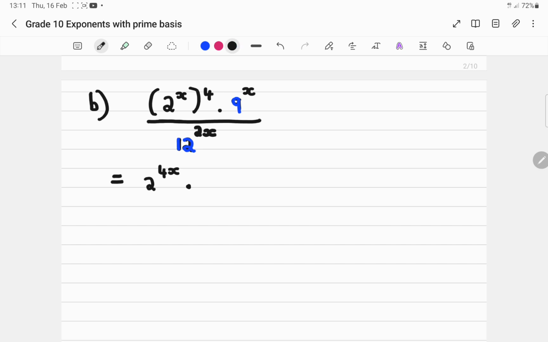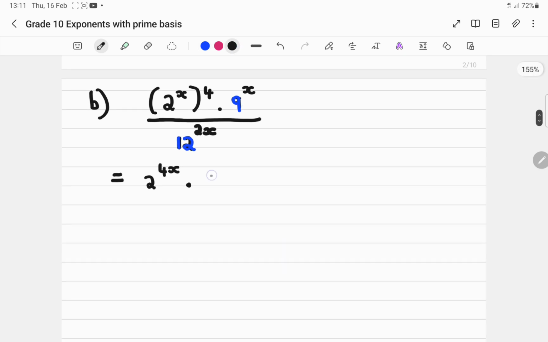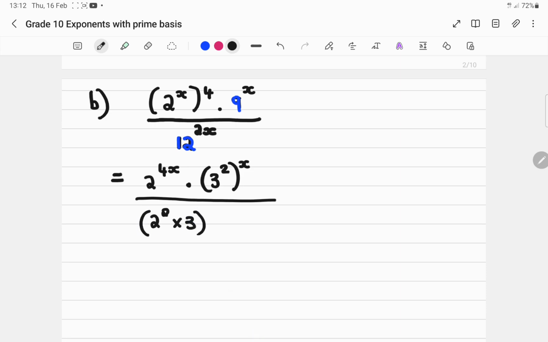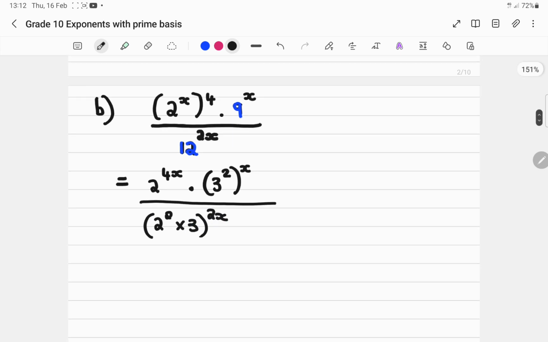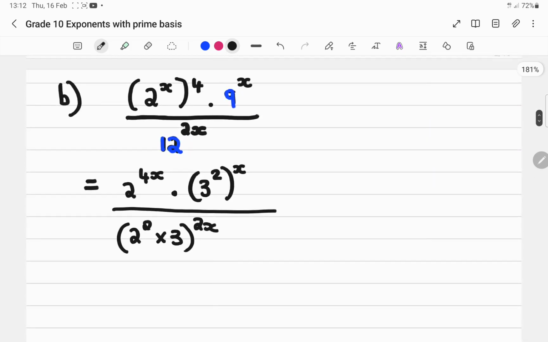The 9 becomes 3 to the power of 2. That 2, I always say, pushes up and it multiplies with that further power x. All over 12, which becomes 2 to the power 2 times 3. Keep it in brackets because it's all to the power of 2x.